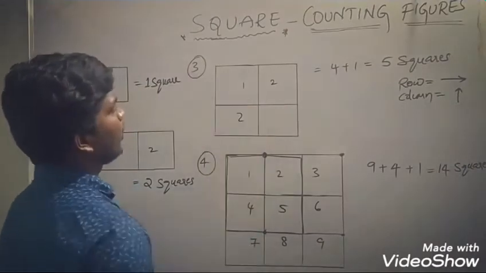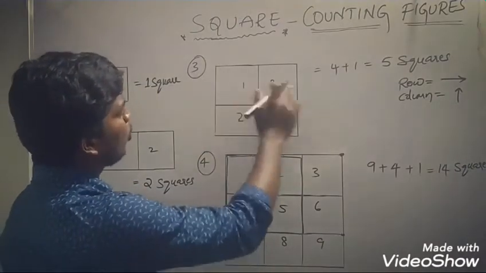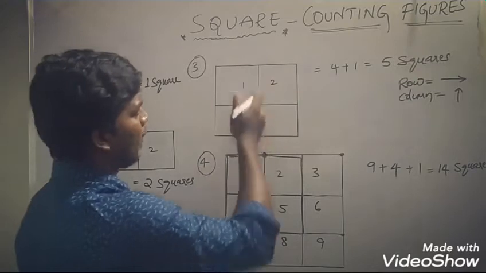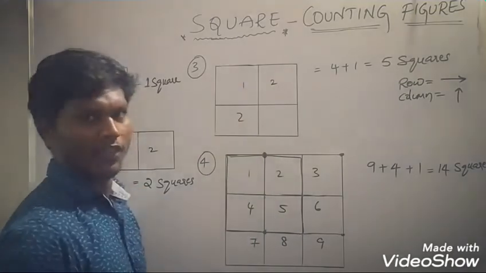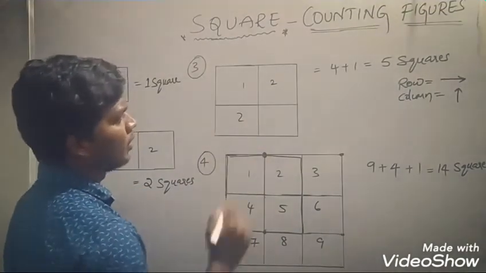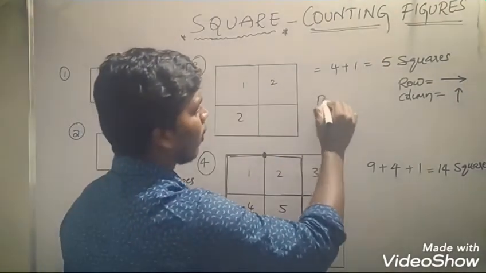See friends, in figure number 3, we have 2 rows and 2 columns. Here the number of rows and columns are equal.